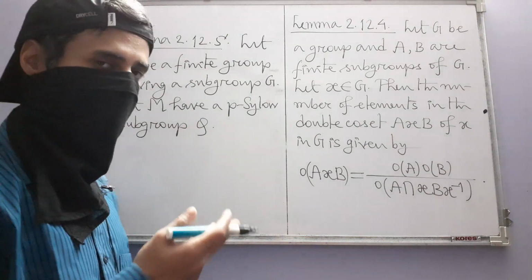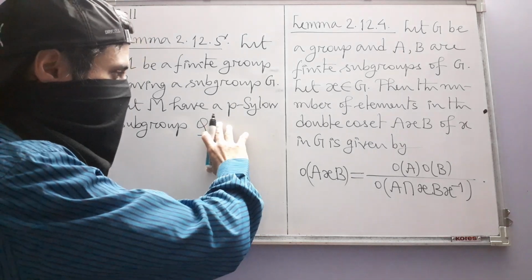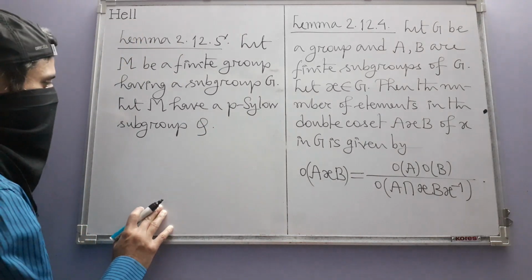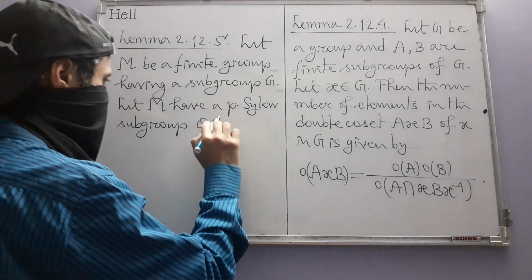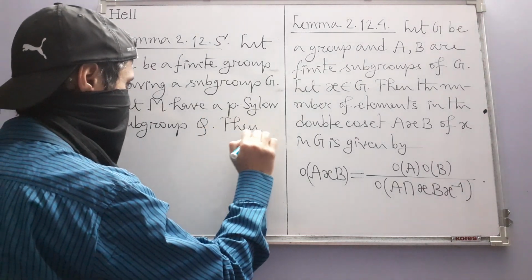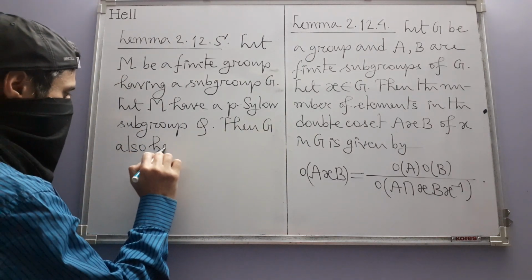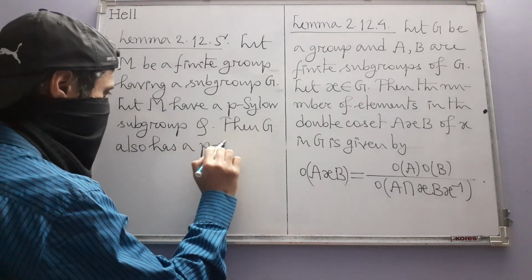We need not write it again and again because we are in the middle of a discussion. So in the current context, p is a prime. Then G also has a p-Sylow subgroup.